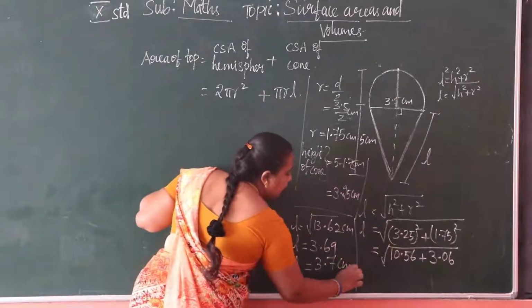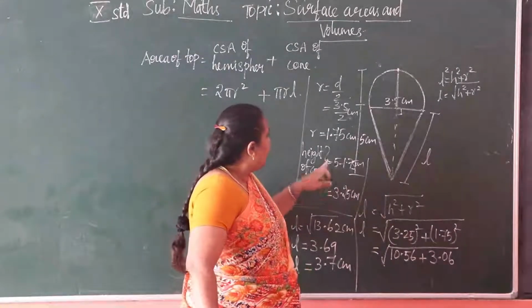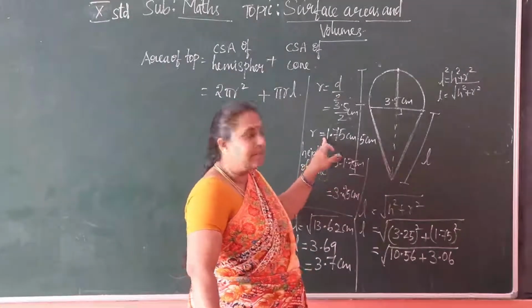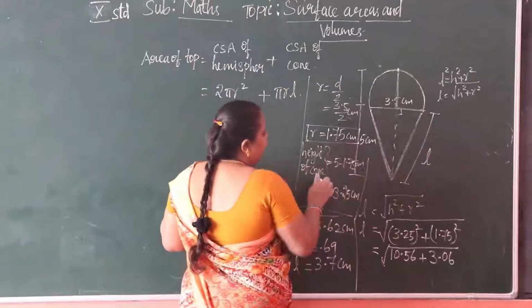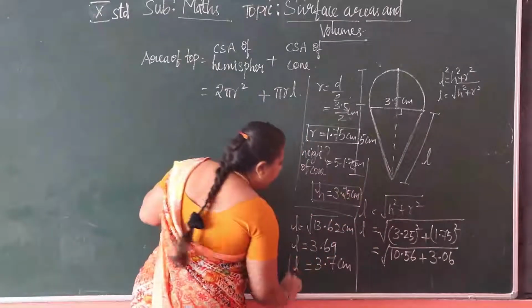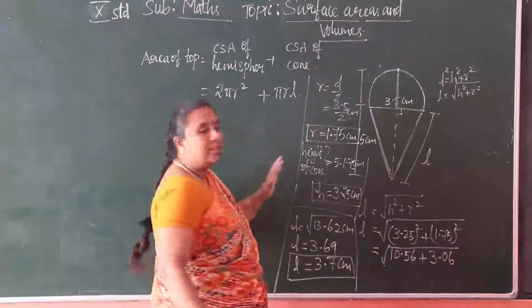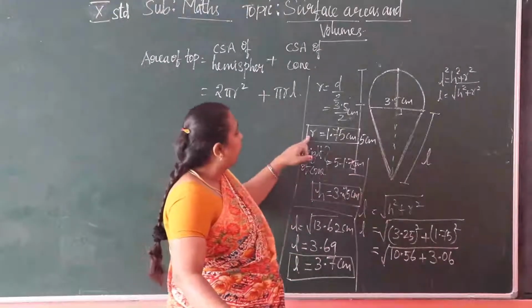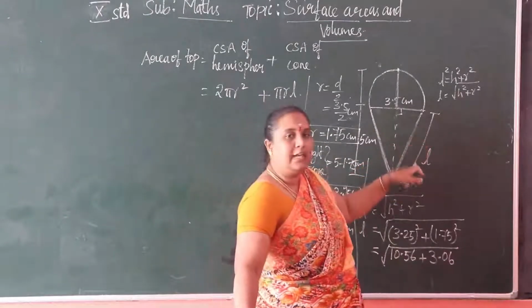So here we have L, H and R. R equals 1.75 centimeter, H equals 3.25 centimeter and L equals 3.7 centimeter. So we found the radius, height and the slant height L also.